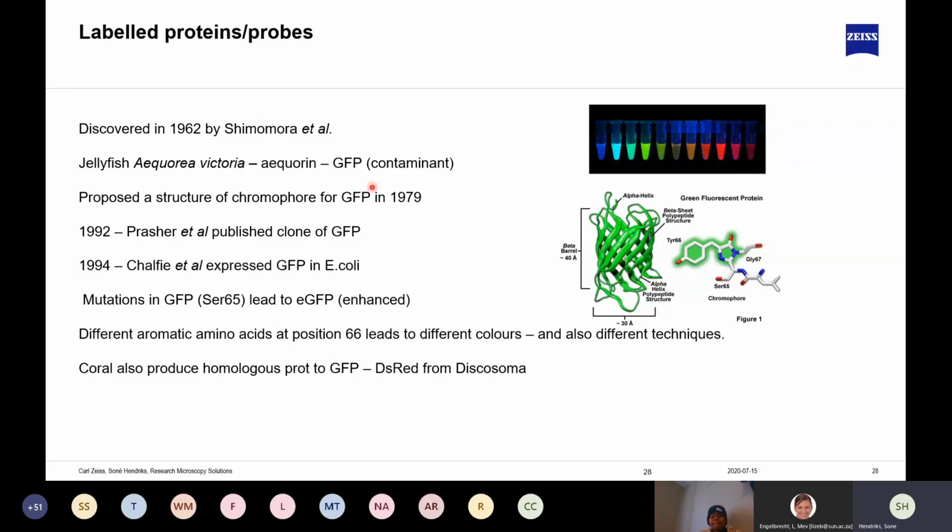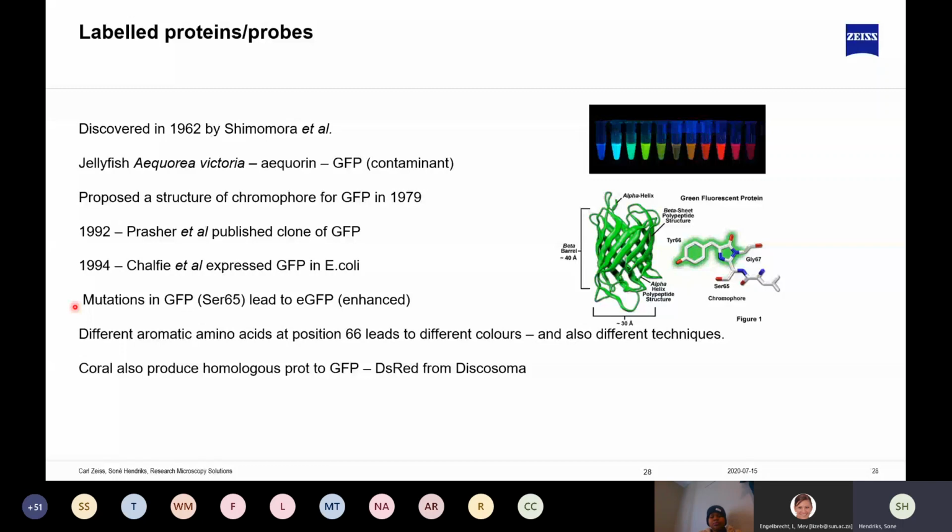So the most well-known example is the green fluorescent protein, or GFP. And over time, as people have worked on it, they've seen that if they mutate the serine 65 in GFP, it leads to enhanced GFP, which is just a very much brighter version, which I think is sort of the standard that is used now.